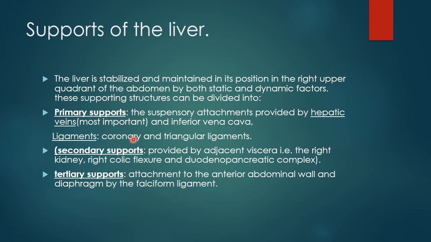So coronary and triangular ligaments provide primary support, while the falciform ligament provides tertiary support. But please remember, the main support for the liver are the hepatic veins and inferior vena cava.